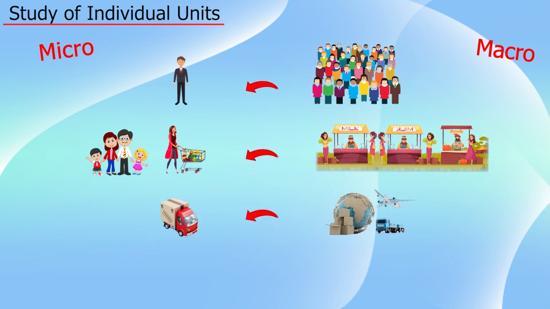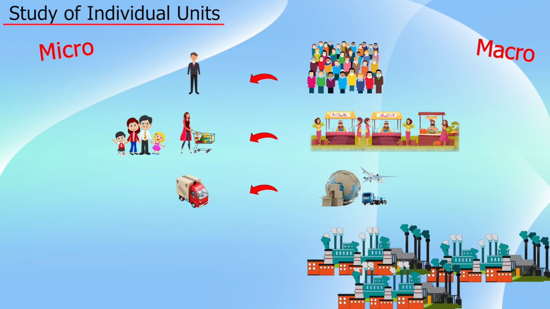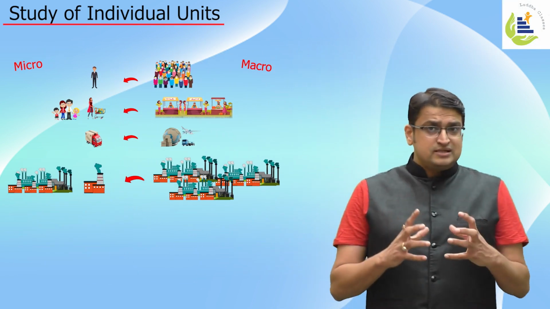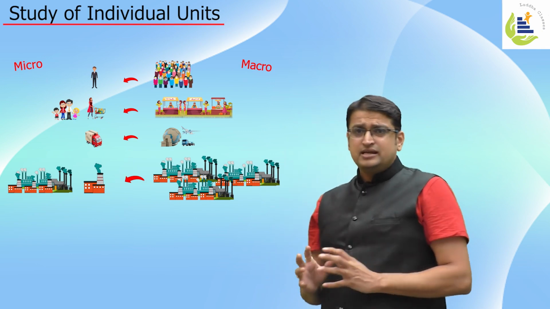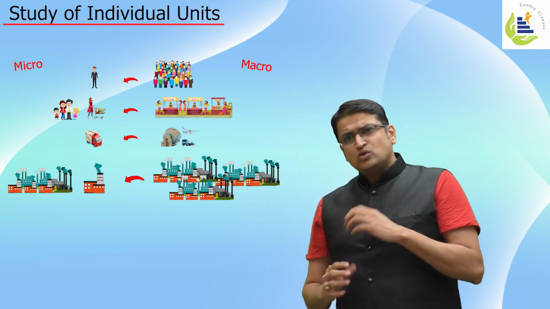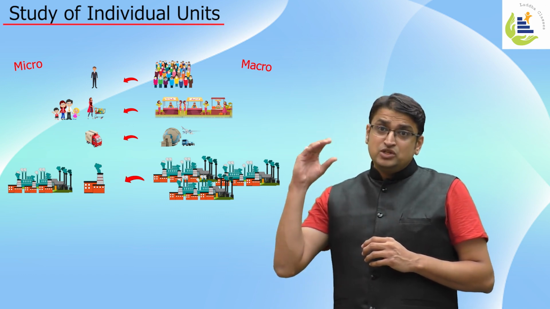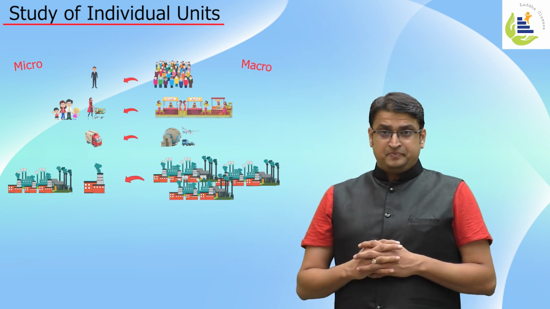Similarly, in a bigger economic picture, we try to understand all the industries in one go, industrial total production. Here, we will be studying individual firm, individual industry. So with this example, it is very crystal clear that in microeconomics we go to the very micro level, very small level, and we try to study those individualistic characteristics of an economic variable.